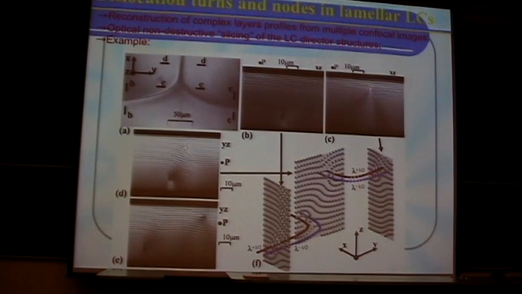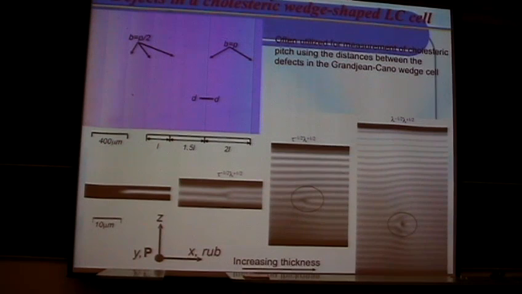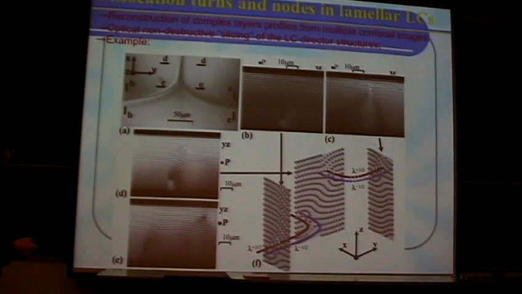Again, information of this kind would not be possible to visualize using just a two-dimensional polarizing microscopy image depicted here, but it can be directly visualized using fluorescence confocal polarizing microscopy, as this technique allows us to obtain a side view of the liquid crystal sample and a three-dimensional image of molecular orientation distribution in such samples.